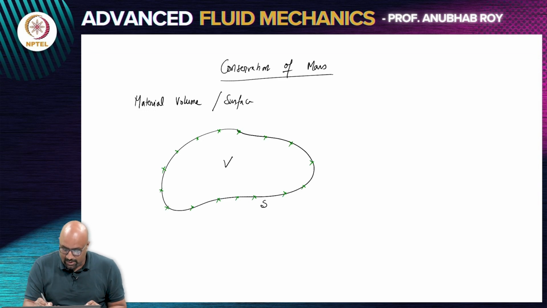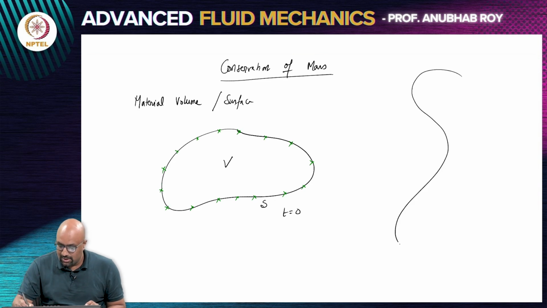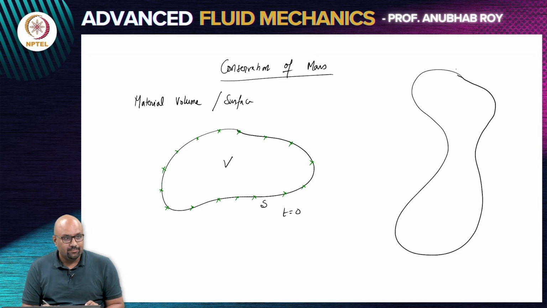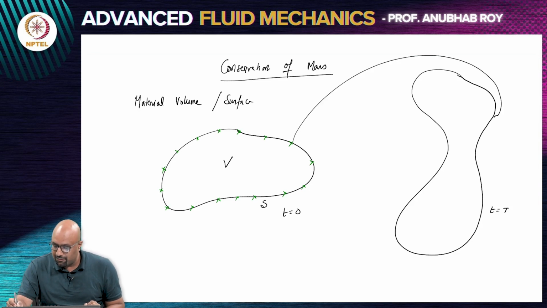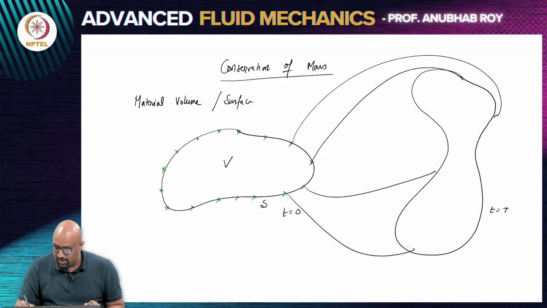So this is at time instant t equals 0. At a later time instant, this volume of space can become something completely different. So this is at t equals 0, and this is at some later time t equals capital T, let us say. The volume need not be the same. Whatever these fluid particles are, they are being mapped to different points on this boundary.